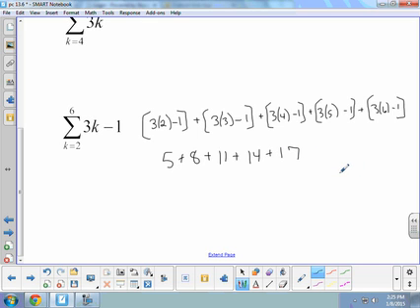If you notice, this is an arithmetic series. It's going up by 3 each time. That's what that 3k is telling you, that it's going up by 3 each time.